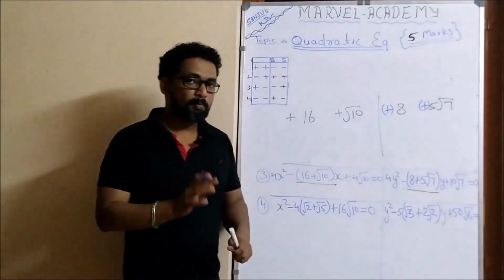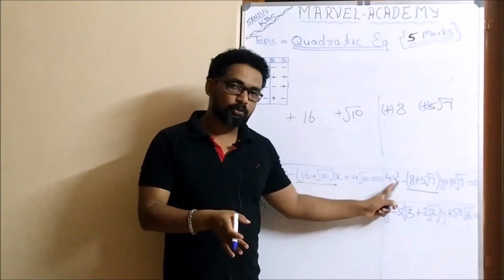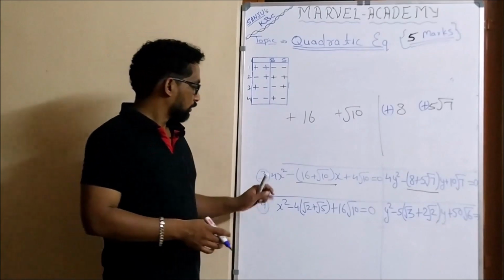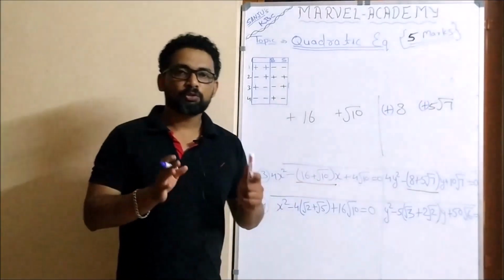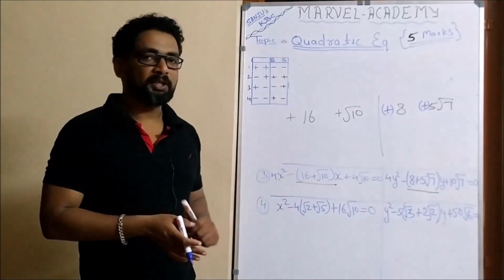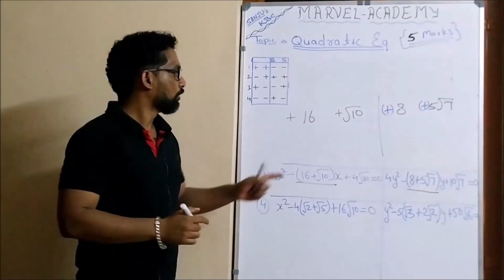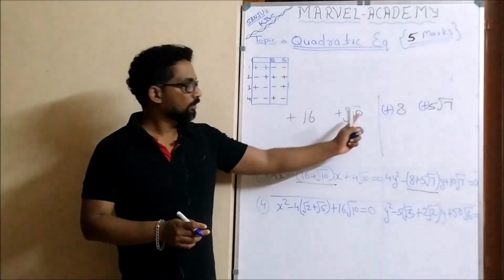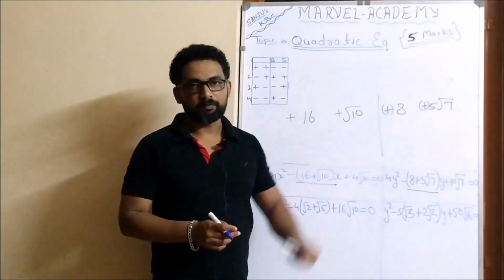Now remember one thing, when there is a coefficient you have to either divide the value or cross multiply the value, but here the coefficient is the same in both x and y, so there is no need to divide or cross multiply the value. We can directly compare these values. Okay. So our factor values are plus 16 plus root 10, plus 8 and plus 5 root 7.